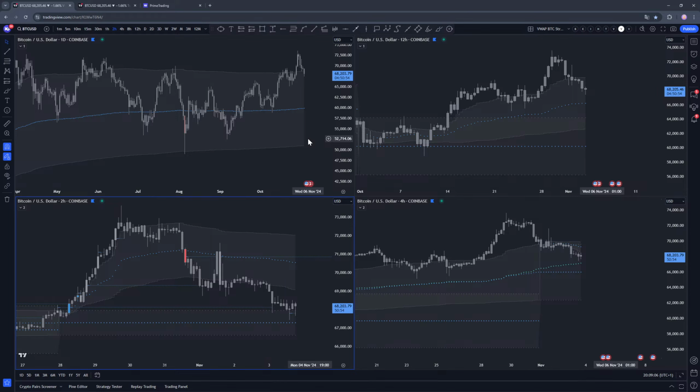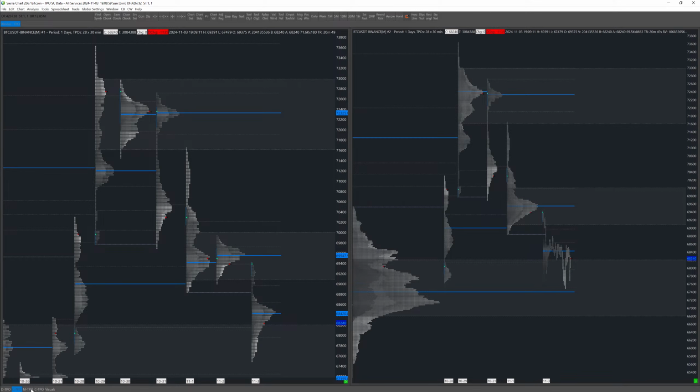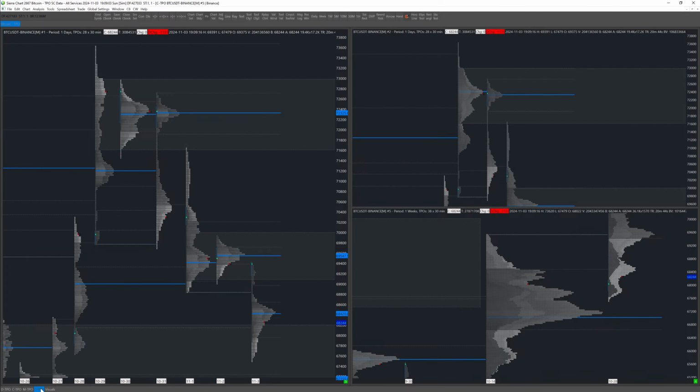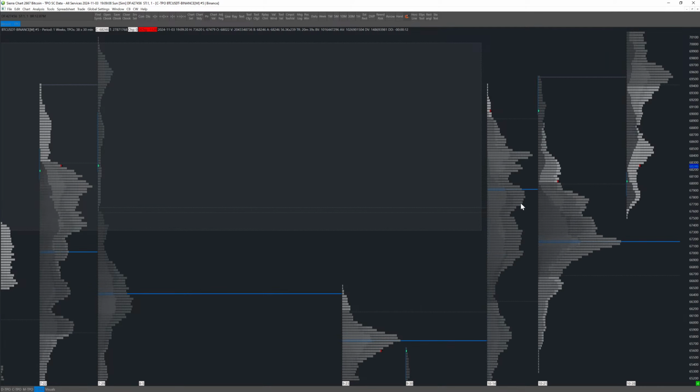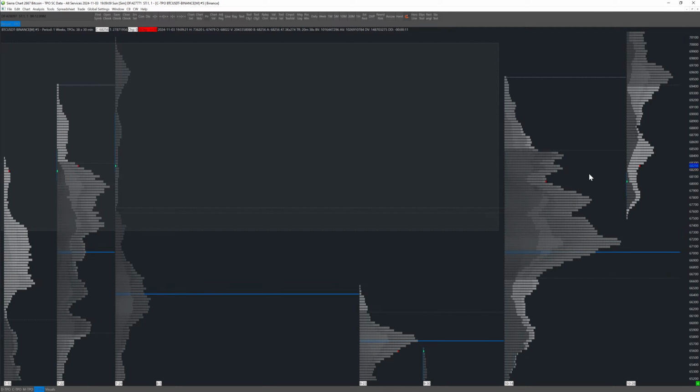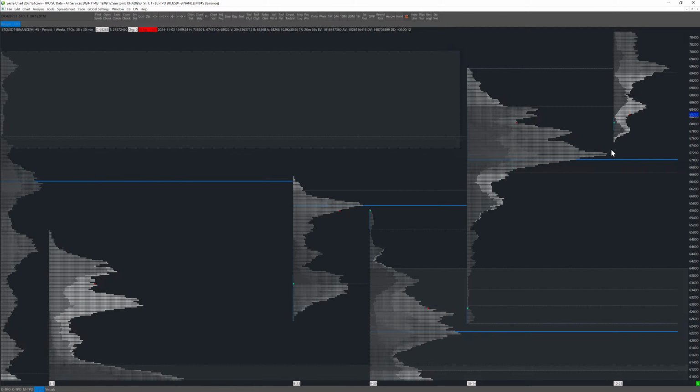We have a 2-week composite in October. Do you take the levels into consideration? Yes, sir. That's a great suggestion. You're referring to this one. Undo all merges. Yes, this one. I definitely take it into consideration.